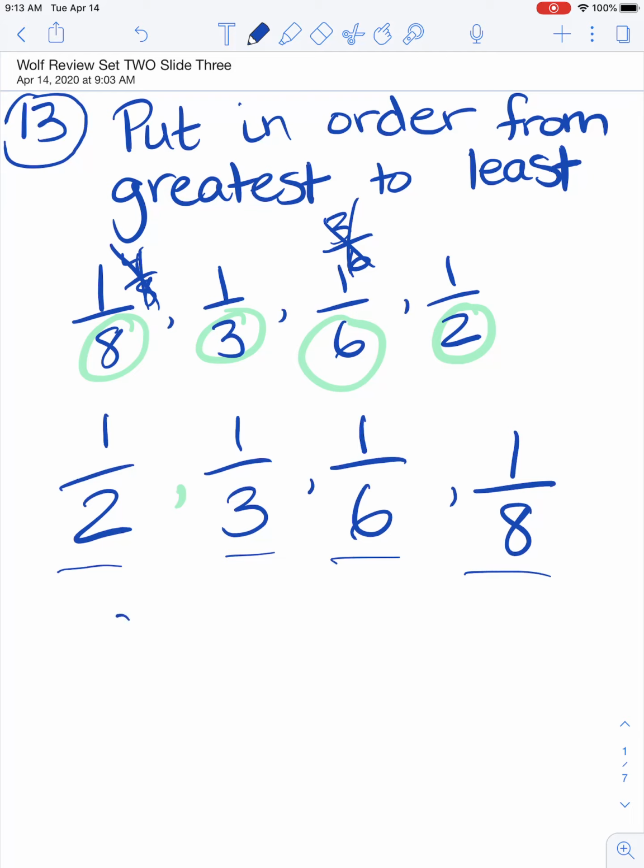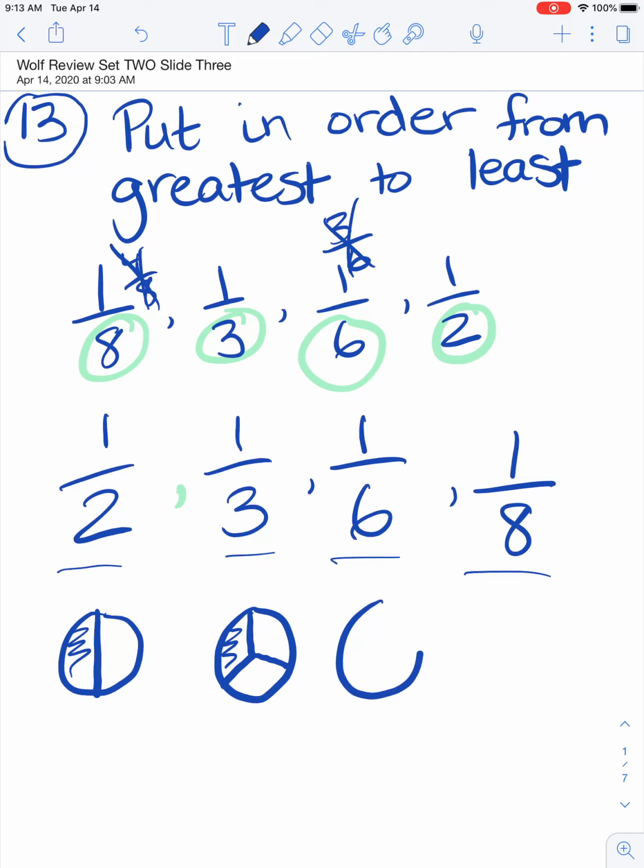If I was going to draw this, you're going to have to be patient with me. Okay. Whoops. Let's go back. There's a half. Okay. Gotta love my thirds. There's a third. Okay.